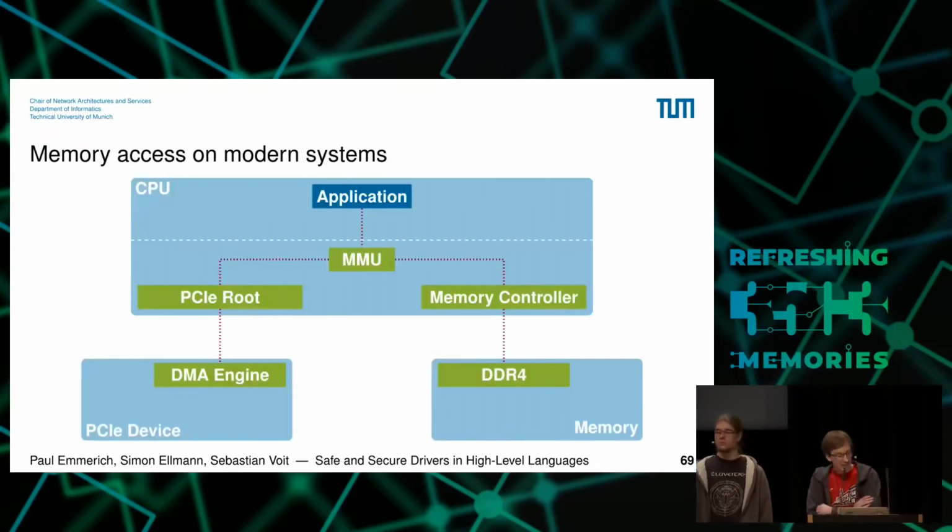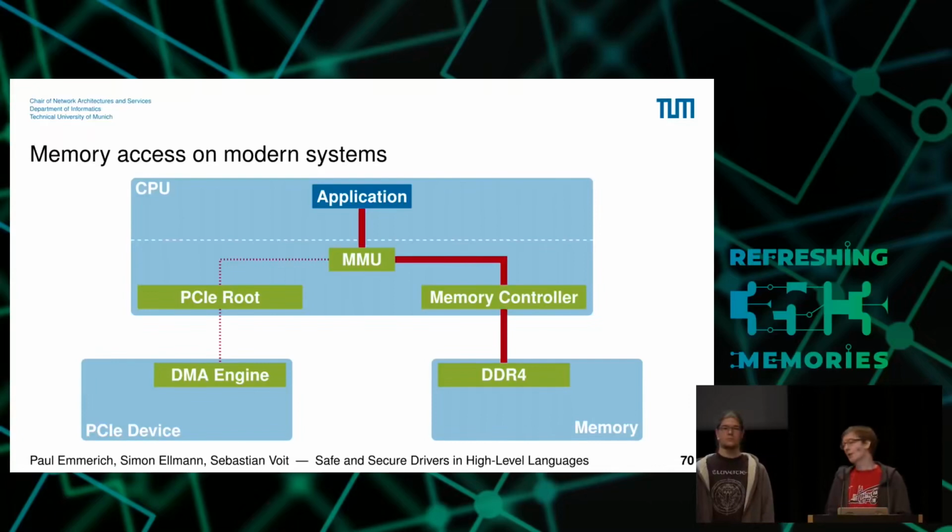And this is what a modern system looks like at a very high-level view. We have the CPU here at the top with our application running on it, and in the bottom left we have a PCI Express device. In the bottom right we have some memory, and if we now want to do some memory access from our application, it goes through a thing called the MMU.